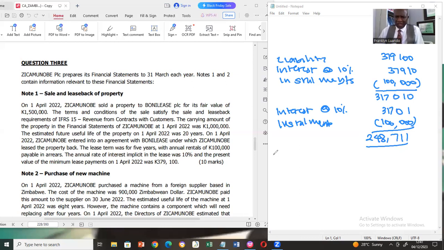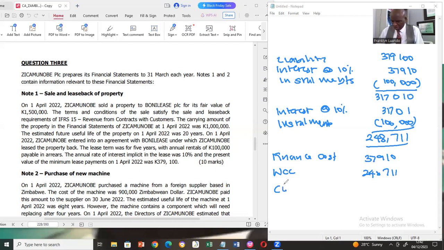Now the finance cost in this case will be 37,910. The non-current liability will be 248,711.